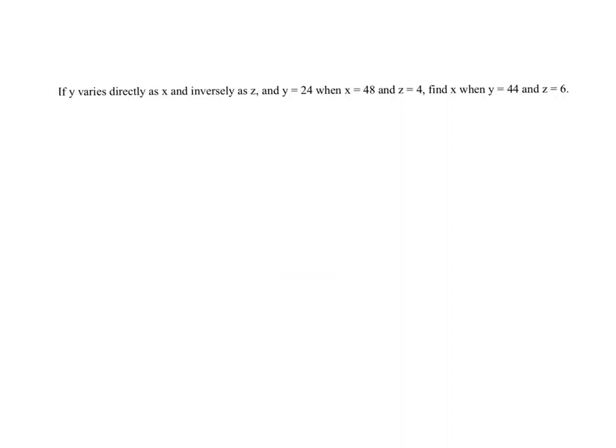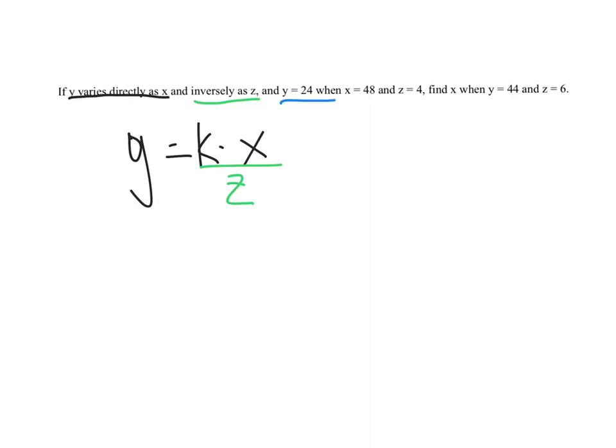So in this problem it says y varies directly as x, so y equals k times x, but inversely as z, so we're going to divide by z. It says y is 24 when x is 48 and z is 4, so we're going to plug those in.